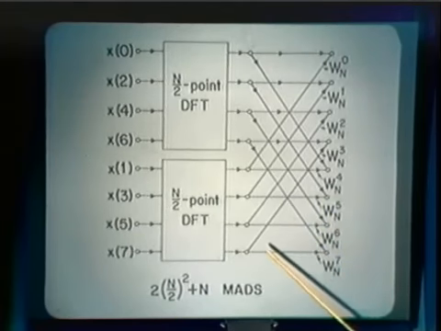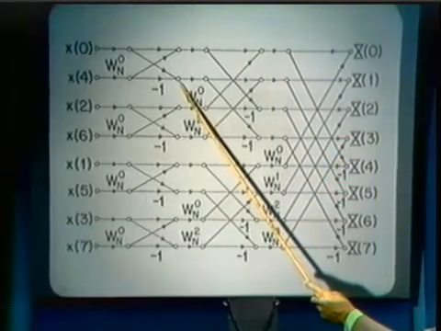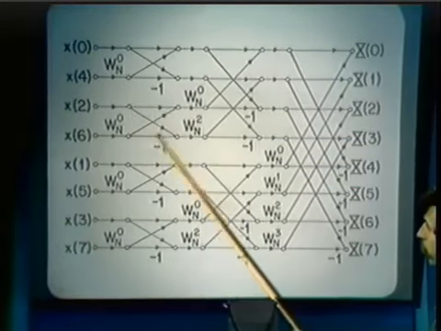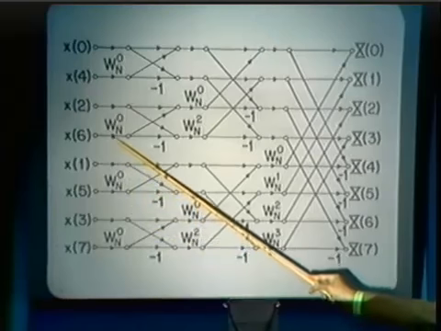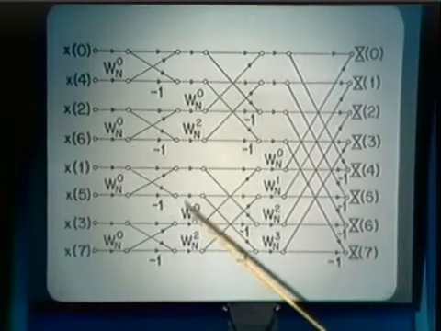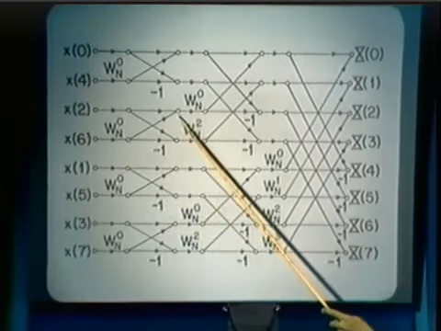It consists essentially of a set of butterfly computations, what we refer to as butterflies, a multiplication on the bottom branch of the butterfly at the input to the butterfly, and then an addition and a subtraction. And that basically is the type of computation that follows throughout the flow graph.